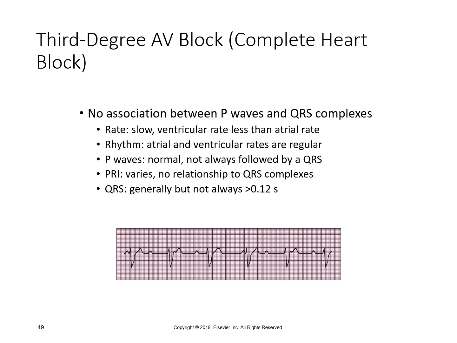P waves are considered normal, but they're not always followed by a QRS. The PRI varies. Again, no relationship going on there. And the QRS is generally, but not always, a little bit wider, greater than 0.12 seconds.